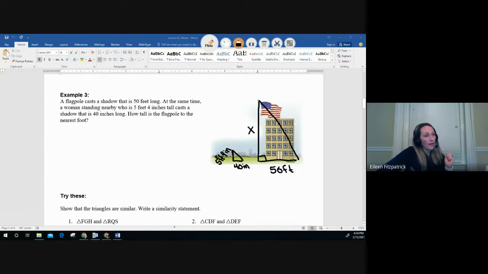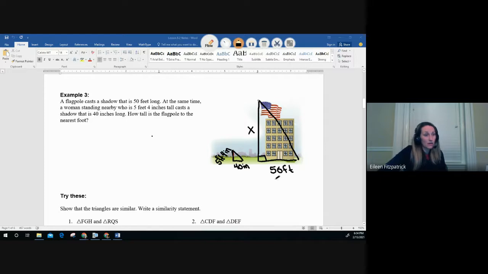Okay, so we want to know X. Well, hopefully you look at this and you're like, oh, I just set up a proportion. And you do. Okay, you're going to set up a proportion to solve for this. All right, so in order to set up a proportion, though, you need everything to be in the same units, right? You can't have 5 feet 4 inches over 40 inches equals 50 feet. You can't have a bunch of different units.